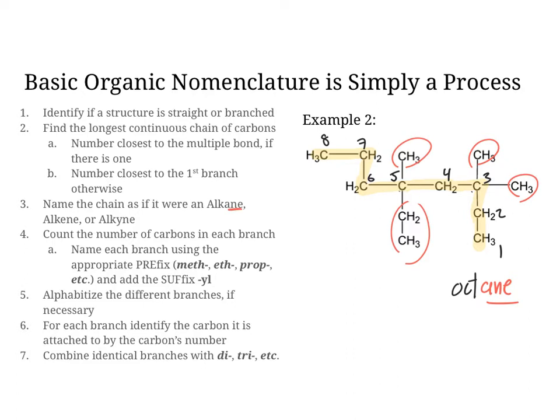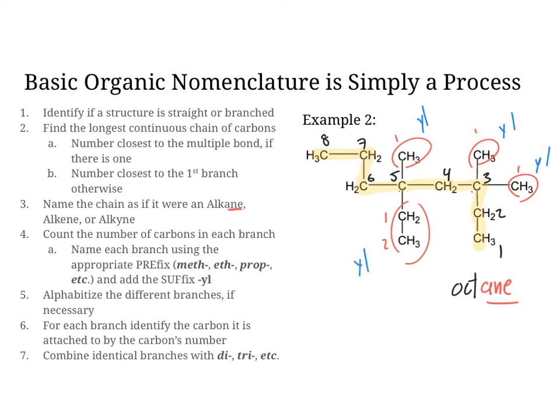I see that I have 4 total branches: three are 1 carbon long, and one is 2 carbons long. I'm going to name my branches, and all branches end their name with yl.